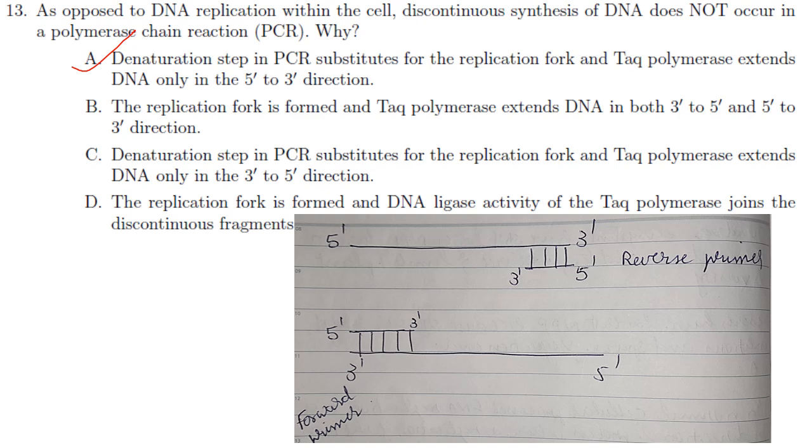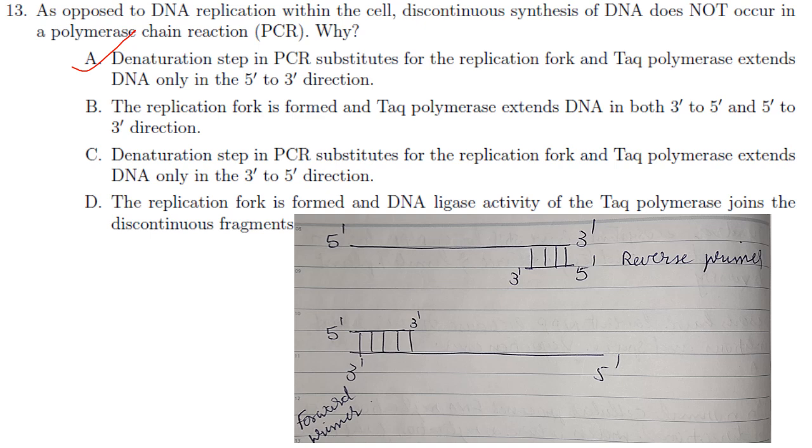Then next one. As opposed to DNA replication within the cell, discontinuous synthesis of DNA does not occur in a polymerase chain reaction. Why? Now in normal cells, DNA replication is bidirectional, where replication forks move in opposite direction from the origin of replication.